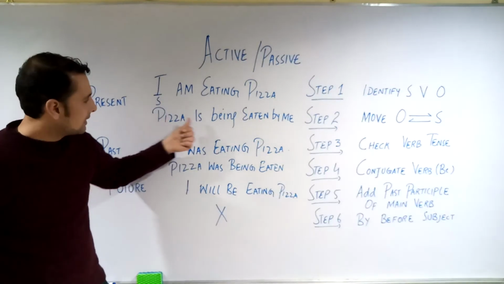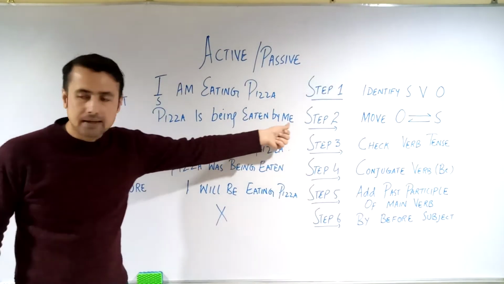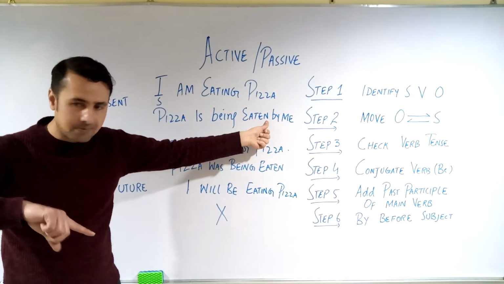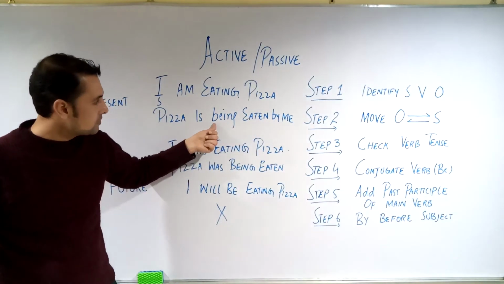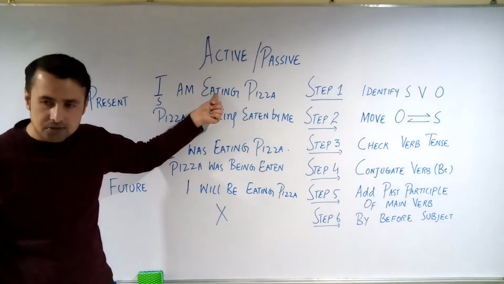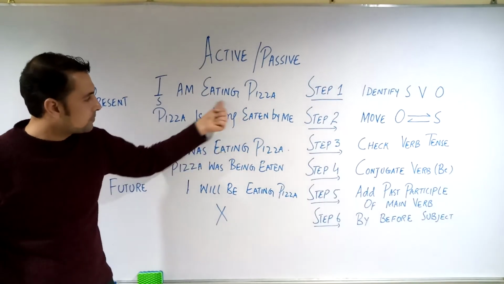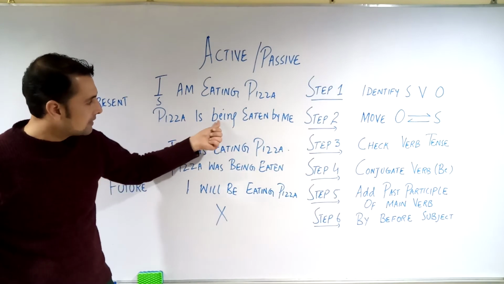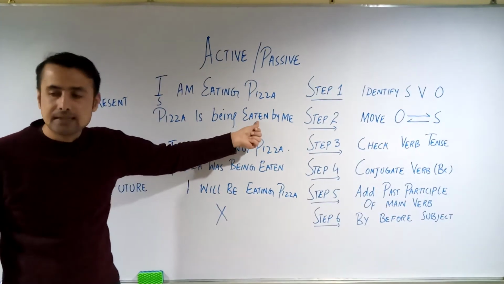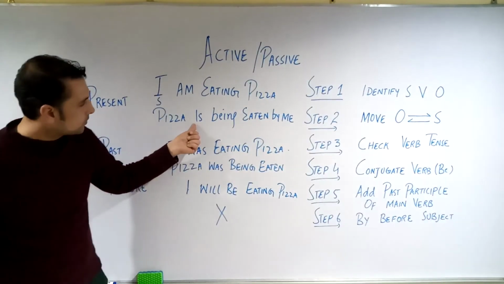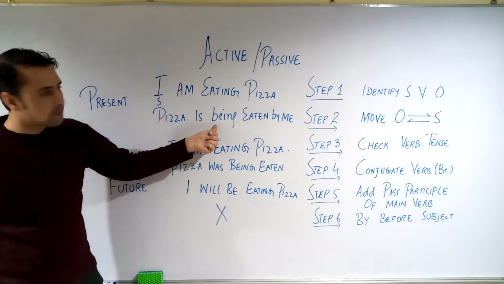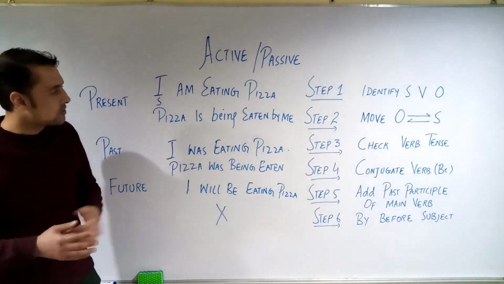Pizza is eaten by me would become the same present indefinite passive voice. As I mentioned, whenever it's going to be continuous, you need to put ing. Here it would become pizza is being eaten by me. Along with is, we are having being, therefore it would become the passive voice of present continuous tense.